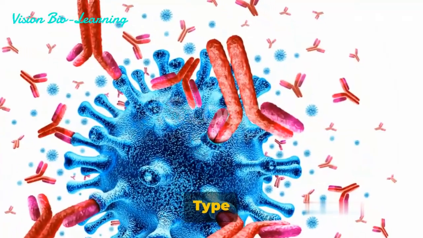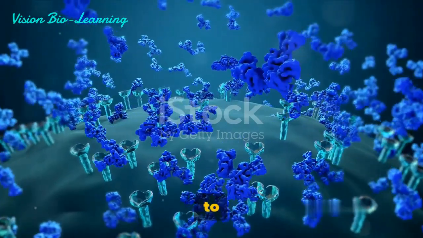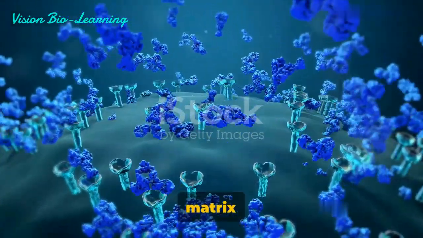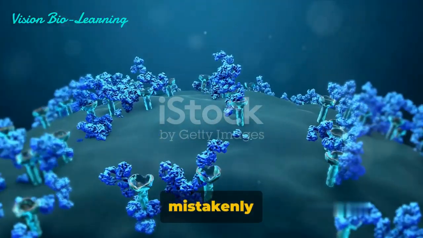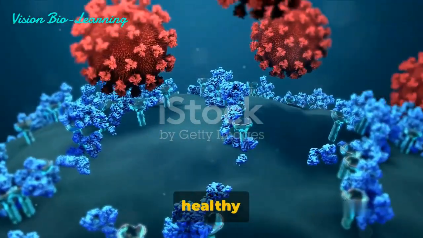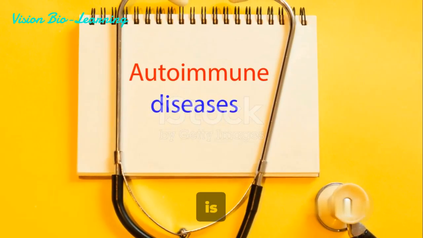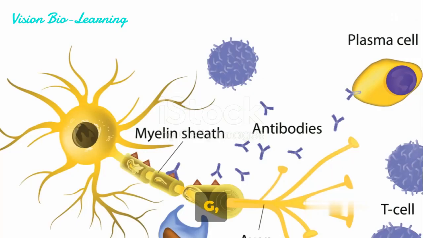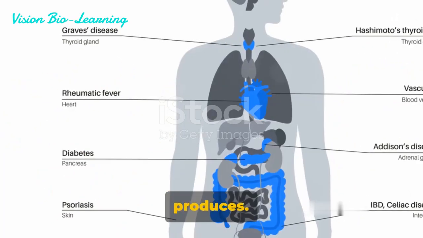Moving on to type 2 hypersensitivity reaction, characterized by its reaction to cell surface or matrix antigens. In this type, our immune system mistakenly identifies normal, healthy cells as a threat and attacks them. The key player here is the immunoglobulin G, or IgG, a type of antibody that our body produces.